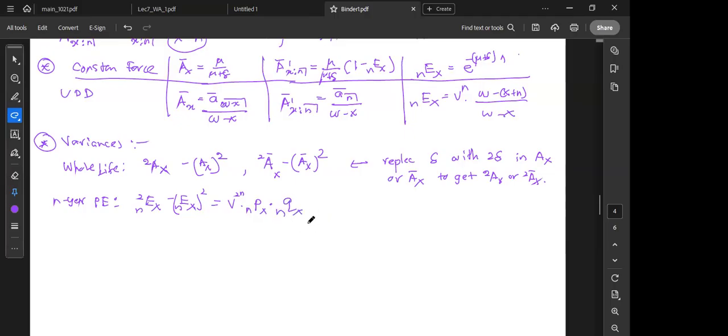So that is the special case. It can also be replaced. You can access that by replacing V with V2 or I with 2I plus I squared in the definition. So that is how you can access these things.